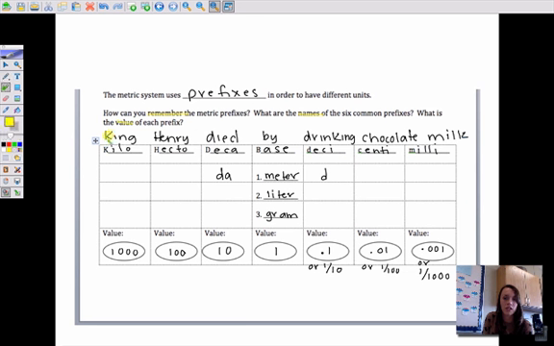So king, kilo, Henry, hecto, died, deca, B, base, drinking, deci, chocolate, centi, M, milk. So by remembering King Henry died by drinking chocolate milk, you're going to be able to remember the order of the metric prefixes. So kilo, hecto, deca, base, deci, centi, milli.